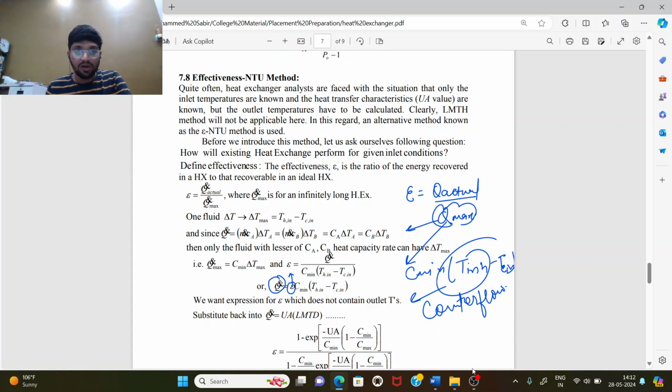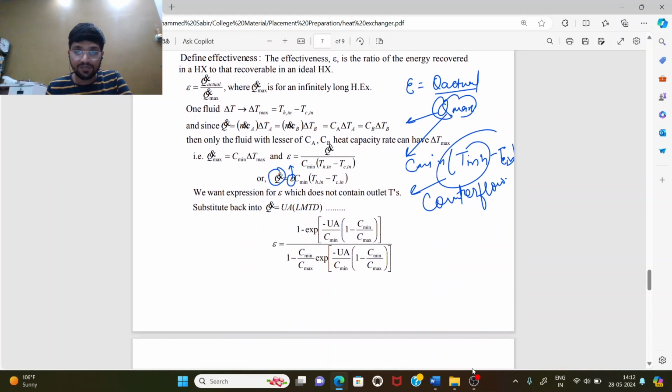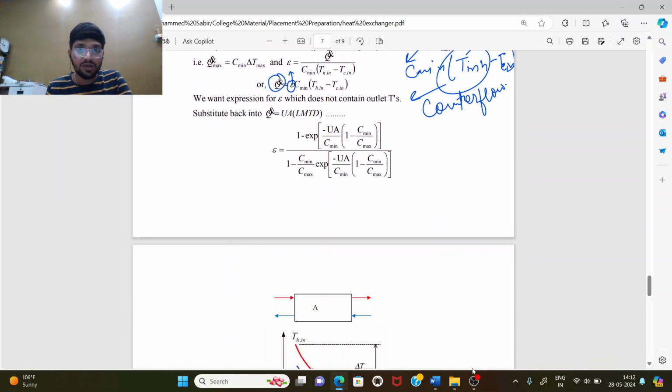Epsilon is basically a design parameter. By using a handbook we can find this epsilon. I think this is for the counter flow.